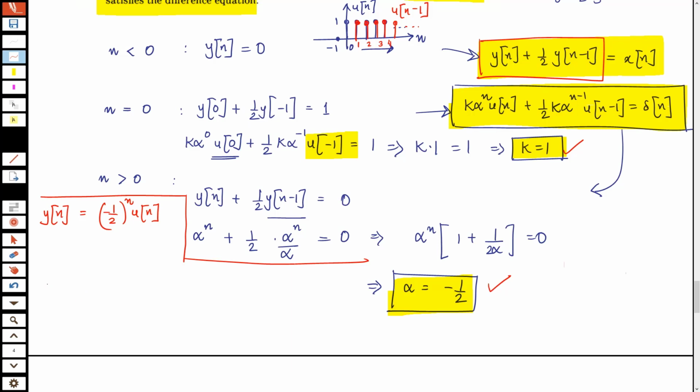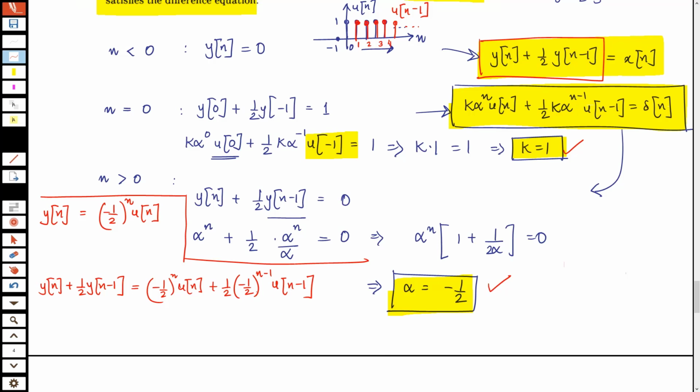So we need to verify whether this yn plus half y of n minus 1 actually results in xn, which is delta n. So let's plug in these values. This plus half of minus half to the power n minus 1 u of n minus 1, right? So half y of n minus 1. Wherever you had n, you're writing it as n minus 1.